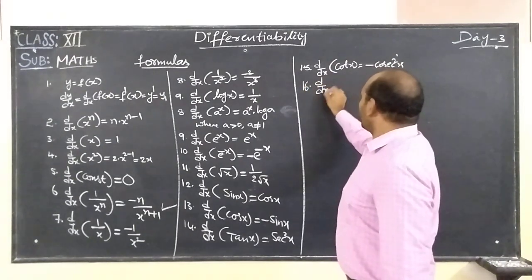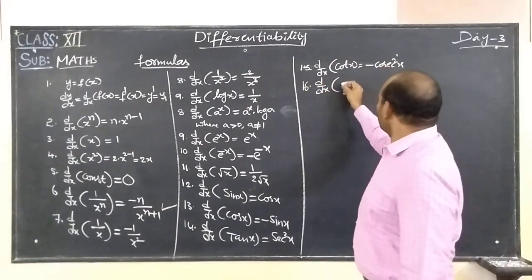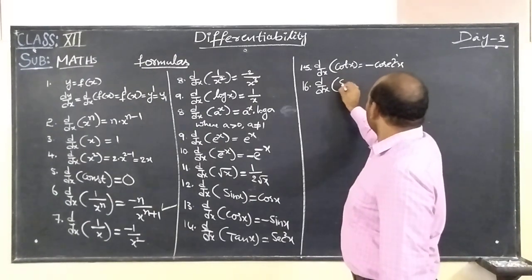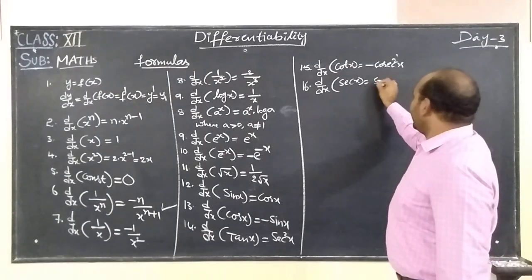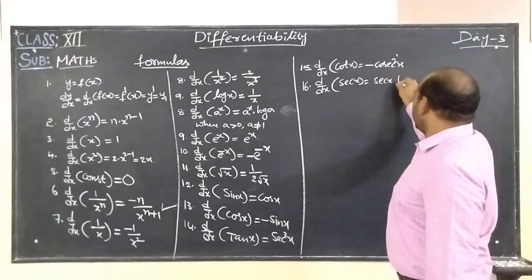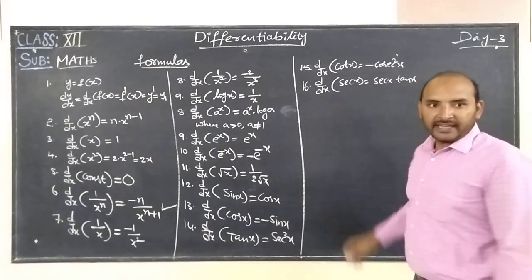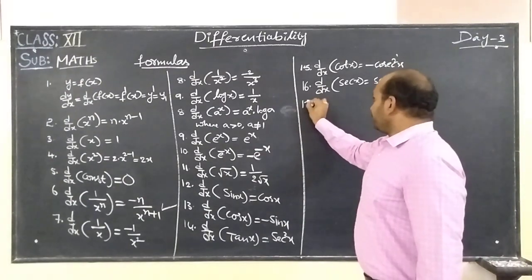D by dx of secant x, which is equal to secant x into tan x.